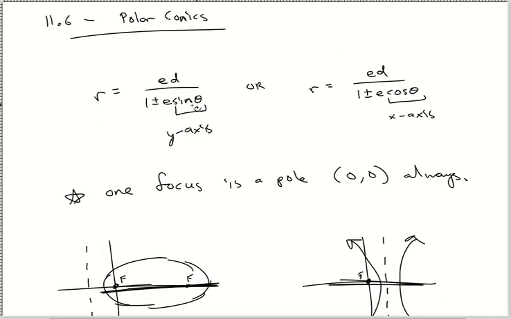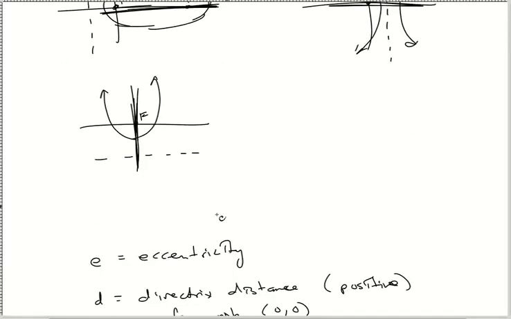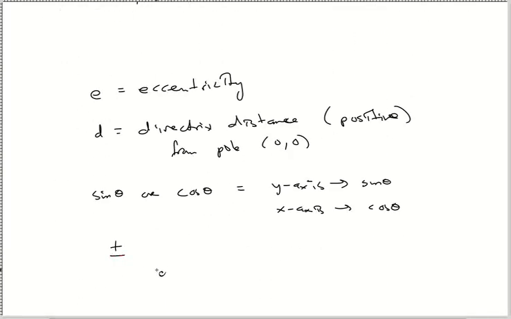Notice that if you go back, we have a plus and minus right here. The plus and minus is actually important as per directrix direction. Kind of weird. This is the directrix direction. So positive will be on the positive side, literally.